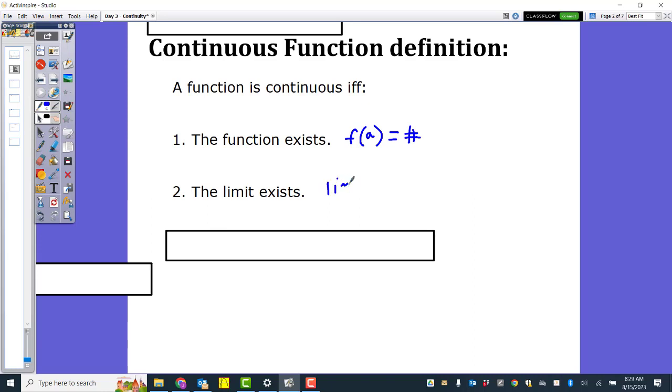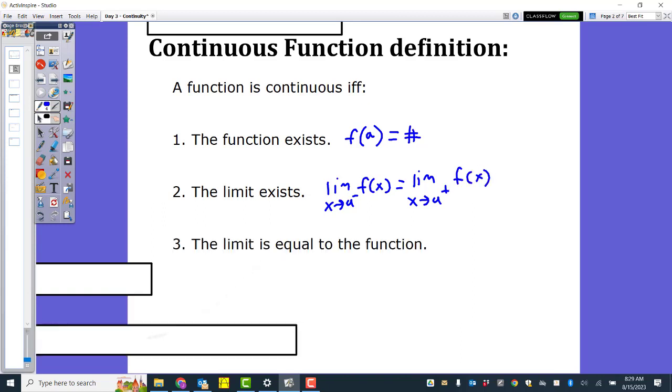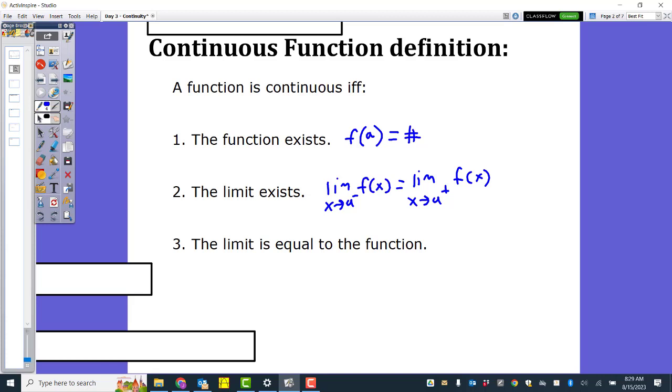That means the limit as x approaches a from the left of f of x is equal to the limit as x approaches a from the right of f of x. So the limit exists. Lastly, the limit is equal to the function. So that means the limit as x approaches a of f of x is equal to f of a.